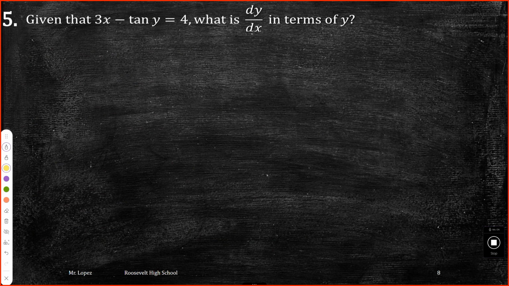Okay. Some trig. Given that 3x minus tan y equals 4, what is dy/dx in terms of y?